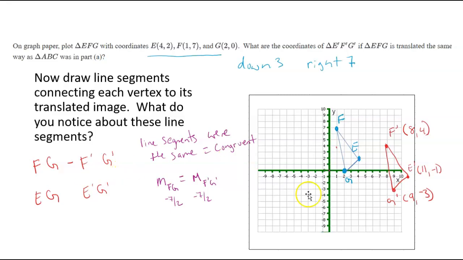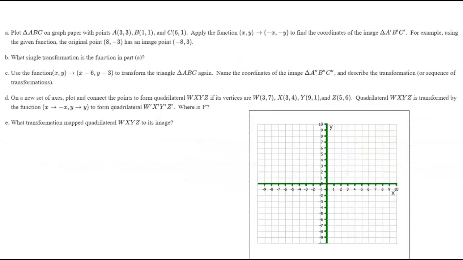And see if you also notice the slope of the lines coming up when we translate them, if they end up being parallel. Okay, so we're going to do part A here. On your graph, it says we're going to plot the points A, B, C, and then apply this function to it. So let's first plot.